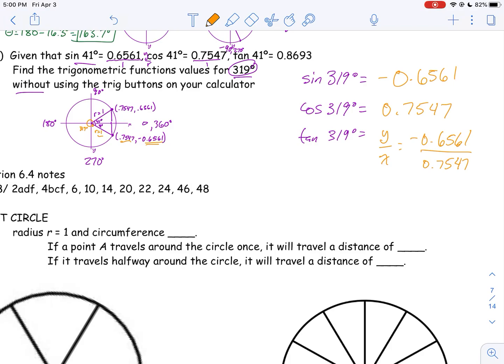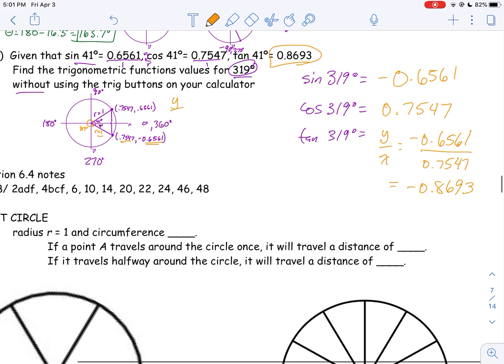This is pretty cool. What'd you end up getting? Not quite, but almost exactly the same. Negative 0.869. This would round to 4. I'm going to leave it as 3 because you can see that's what we got up here. Now, let's look at that a little bit closer. Why is tangent negative here, but positive here?